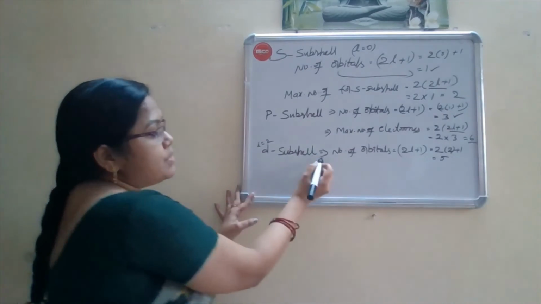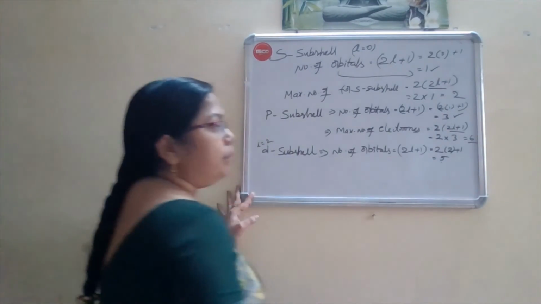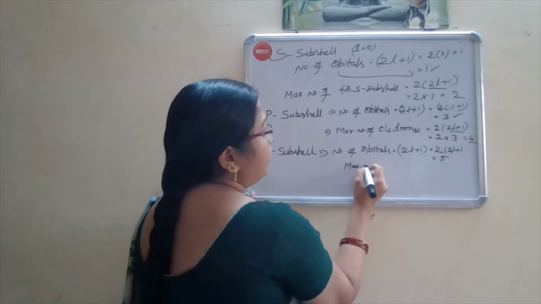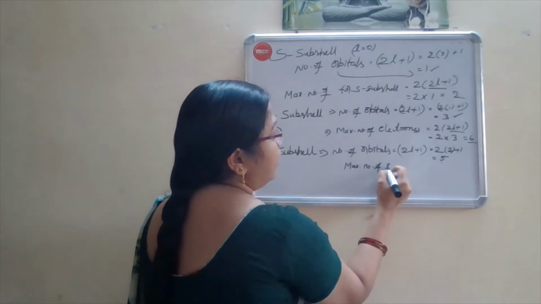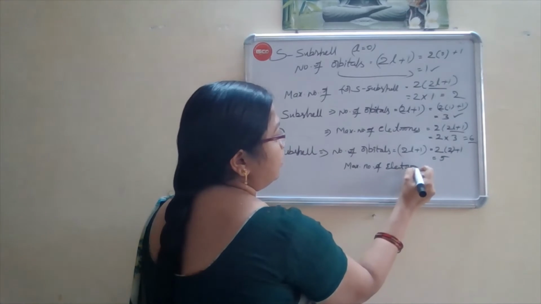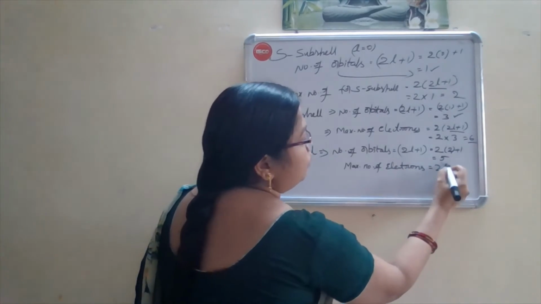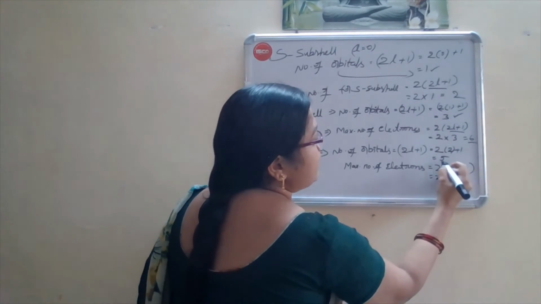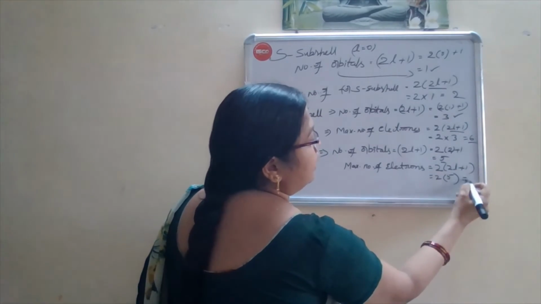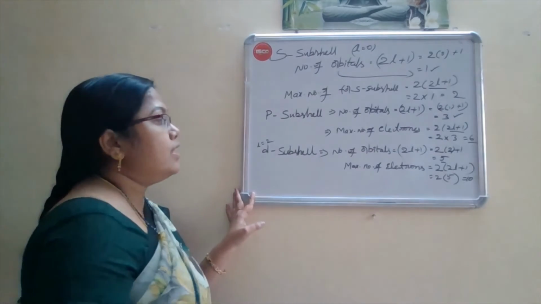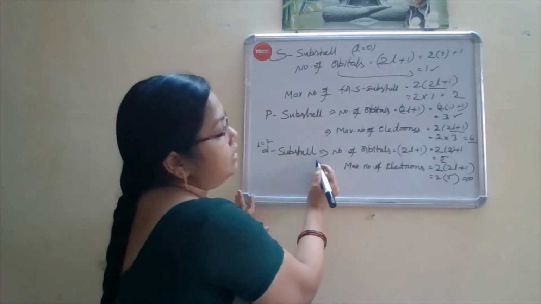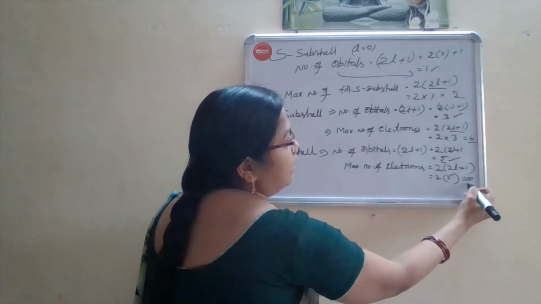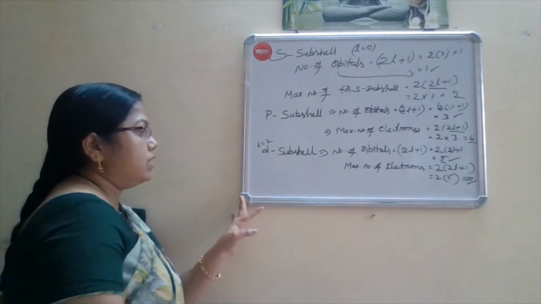So, D subshell has 5 orbitals. These 5 orbitals contain maximum number of electrons equal to 2 into 2L plus 1, where 2L plus 1 value is 5. That is equal to 10. So, D subshell has 5 orbitals. These 5 orbitals contain 10 electrons.